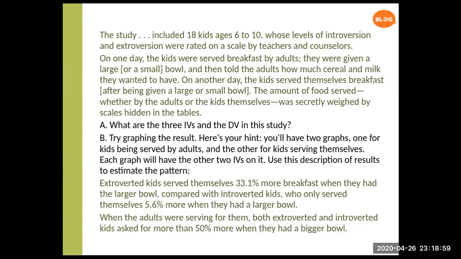We had whether they served themselves or the adult served them, so type of serving, which has 2 levels, themselves or the adults. And we had introversion and extroversion, which is type of personality trait. So we have a 2 by 2 by 2 design.